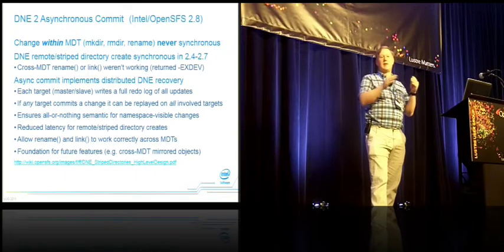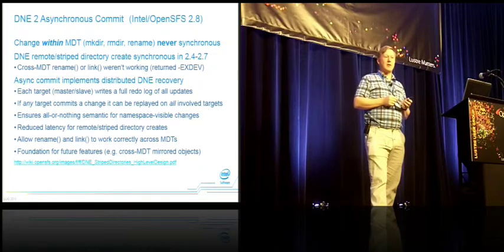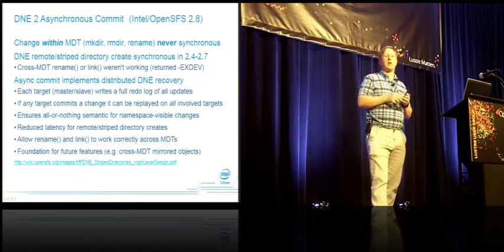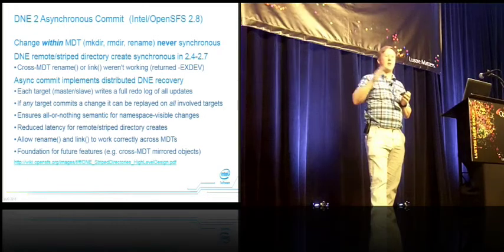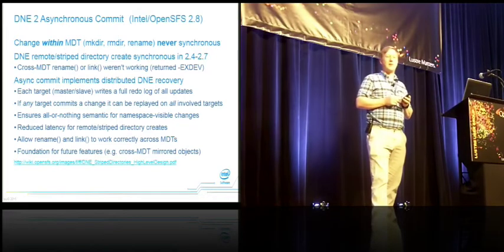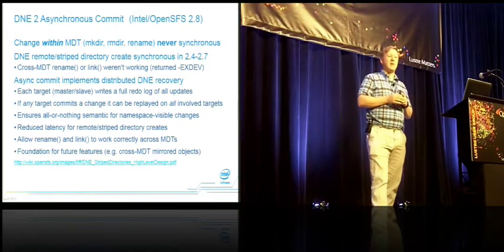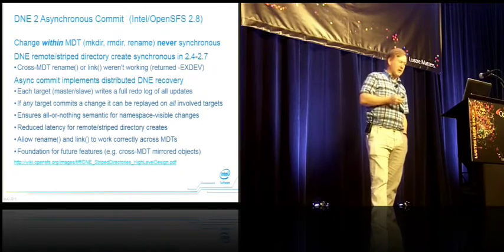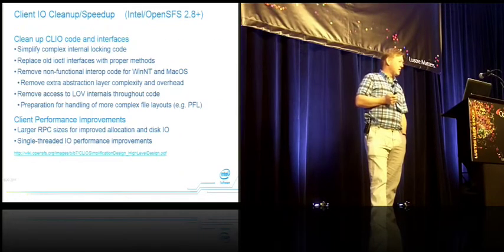One of the gaps today is that if your MDS 0 goes down, your file system root is inaccessible. So you could potentially mirror the top part of the file system and still have accessibility to other parts of your file system and have performance scaling for the top of the tree. This is a future feature, but it's something enabled by this work.